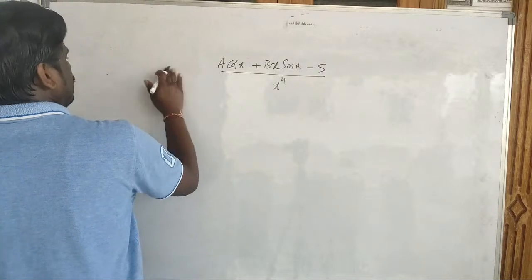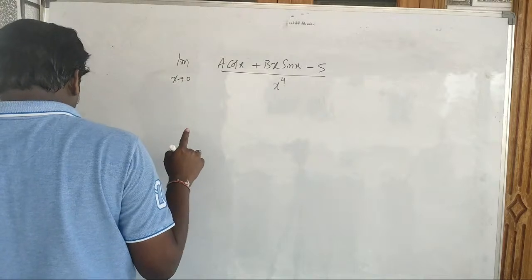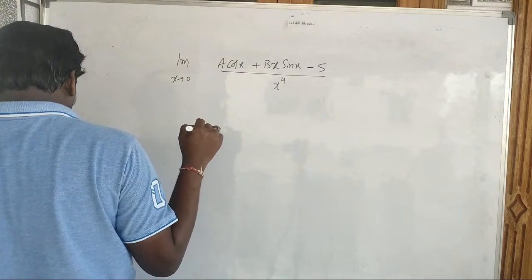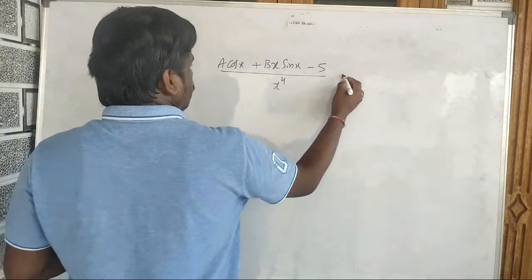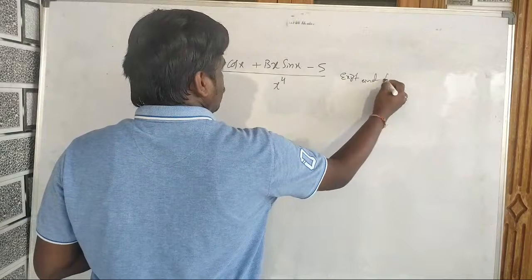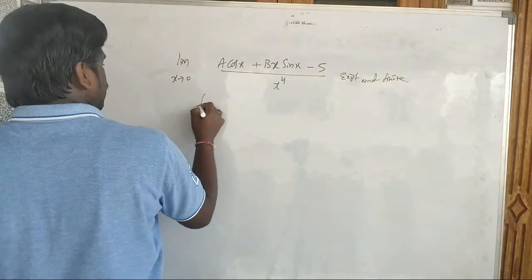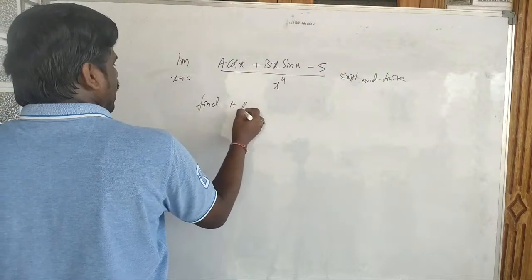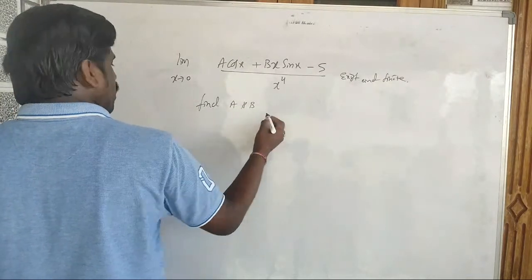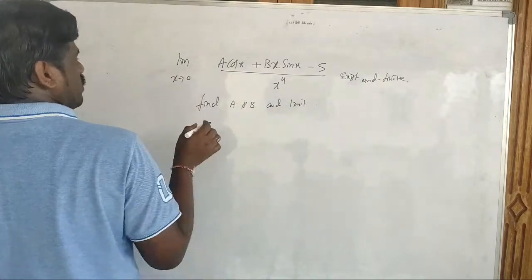So I write limit x tending to 0 of a cos x plus bx sin x minus 5 by x power 4, if the limit exists and is finite. They will give this for every question, don't worry. Find a and b values and the limit. So this is the question you have.